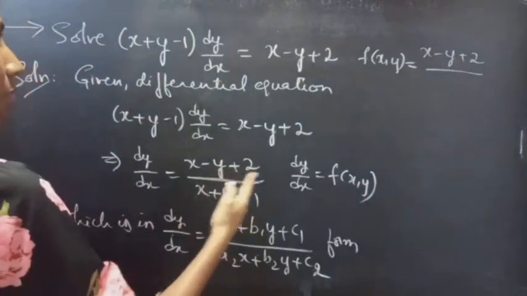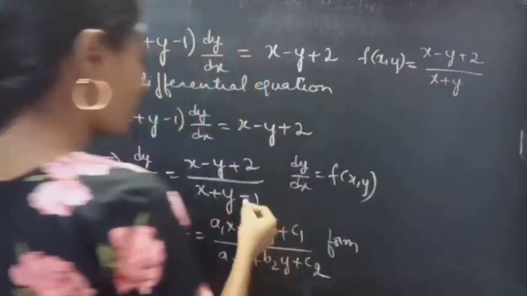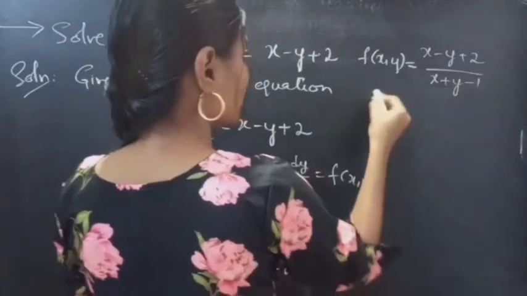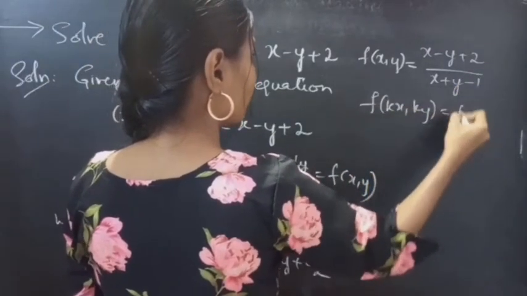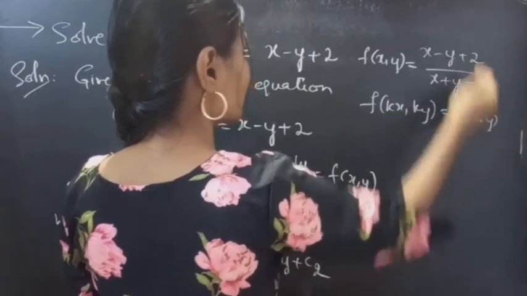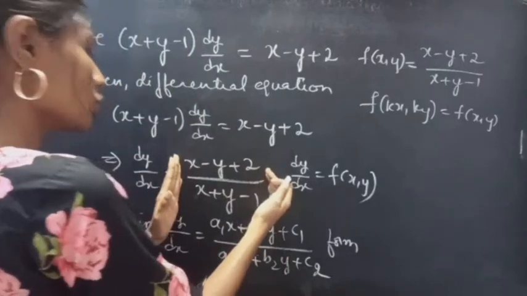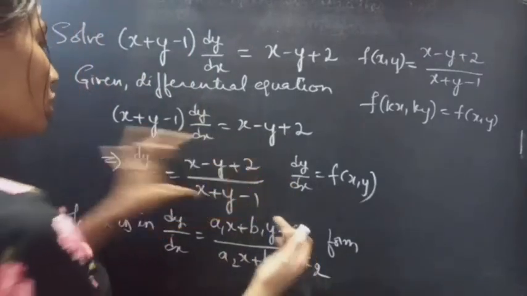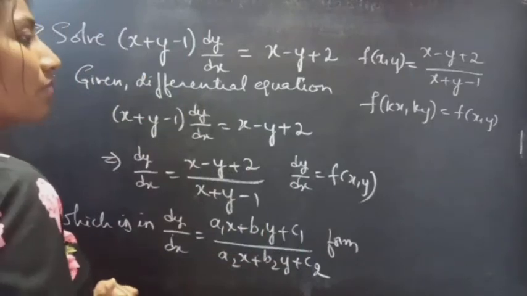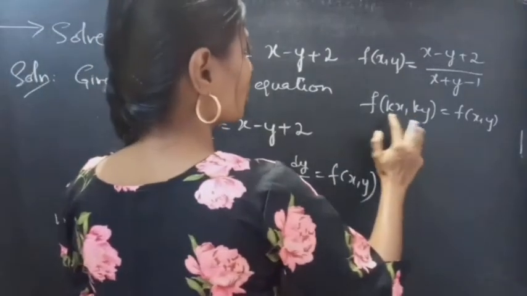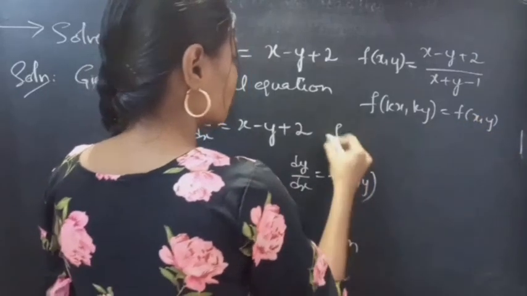f(x, y) = (x - y + 2)/(x + y - 1). If f(kx, ky) equals f(x, y), then we can say that this function is homogeneous. If this function is homogeneous, then we call the differential equation involving a homogeneous function a homogeneous differential equation. So let's see whether f(kx, ky) equals f(x, y) or not.